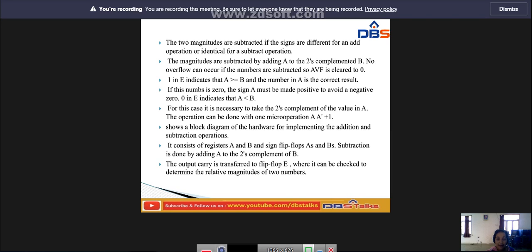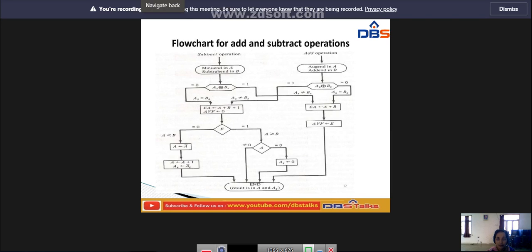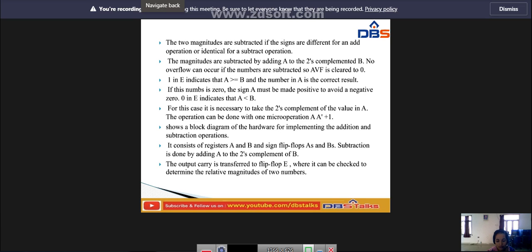The add overflow flip-flop AVF holds the overflow bit when A and B are added. The A register provides other micro operations that may be needed in the sequence of steps in the algorithm. So I have the diagram here.